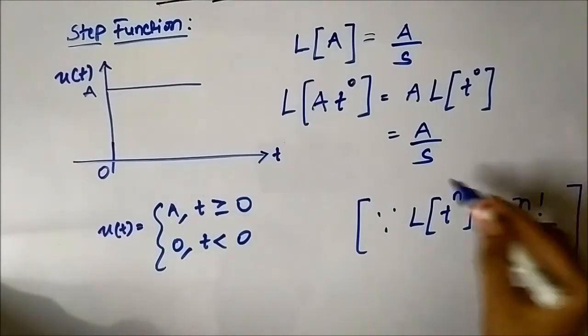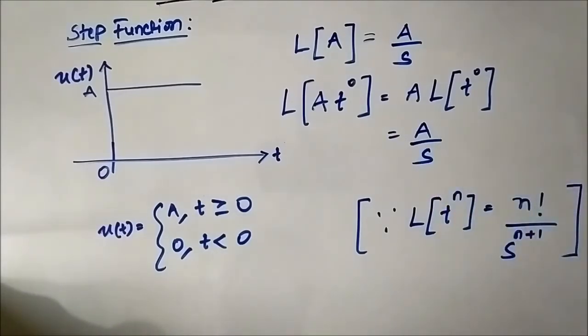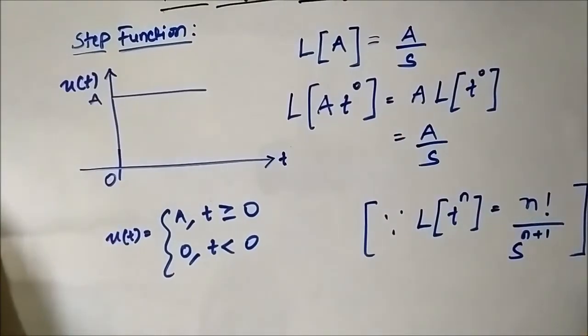So it is 0 factorial by s to the power 0 plus 1, which is equal to A by S. That concept we are using.